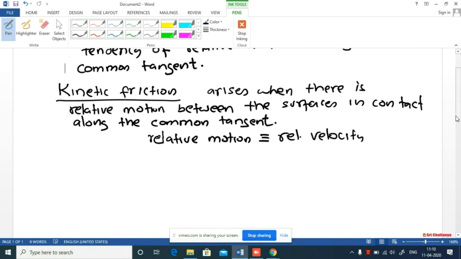No, we can't say this. We can only say that there is relative motion between two surfaces if there is relative velocity. So right now we are dealing with relative motion along the common tangent. It means if there is relative velocity along the common tangent, then the friction is kinetic. This friction is a constant force.